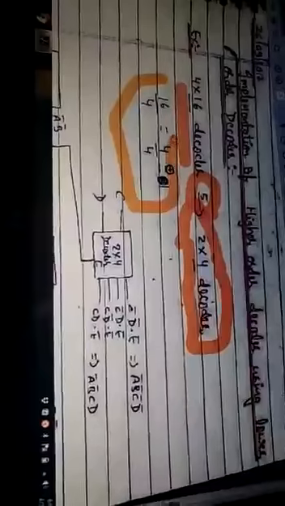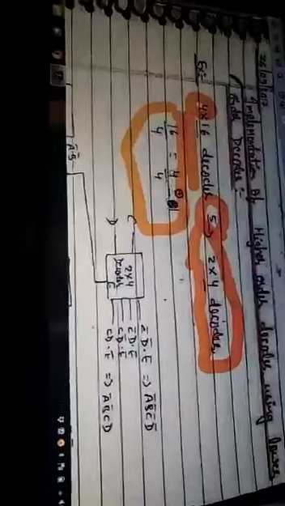This is the formula: 16 divided by 4 equals 4, 4 divided by 4 equals 1, and 4 plus 1 equals 5. It means 5 2x4 decoders are used to design a 4x16 decoder.